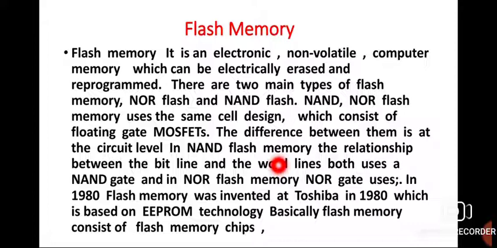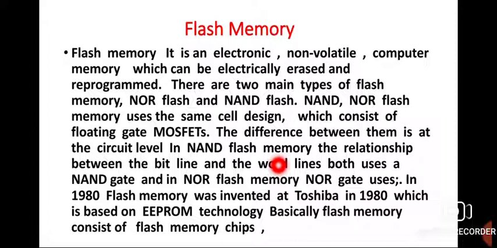This memory can be electrically erased and reprogrammed. That means if you program this memory initially, that stored data can be erased electrically, and again you can reprogram it. That means you can store other data by removing the initial data. That's why it is known as electrically erased and reprogrammed flash memory.